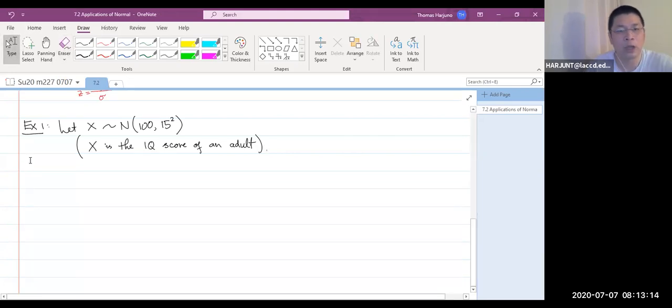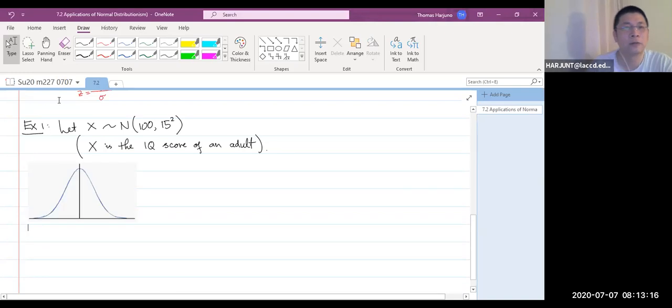If we look at the density curve, it basically looks like this. This is the mean 100. The mean is 100, and it's normally distributed.